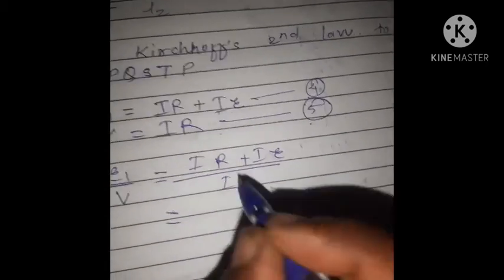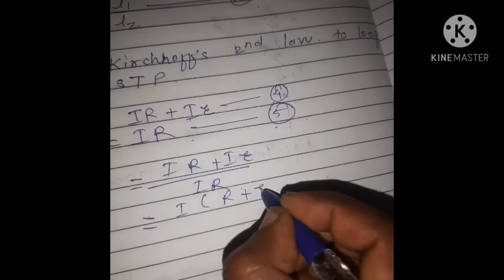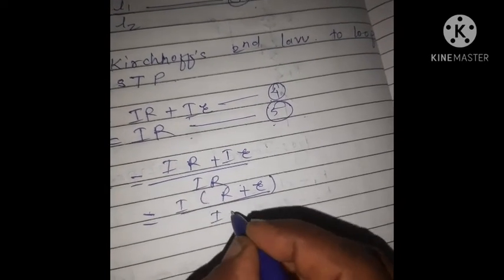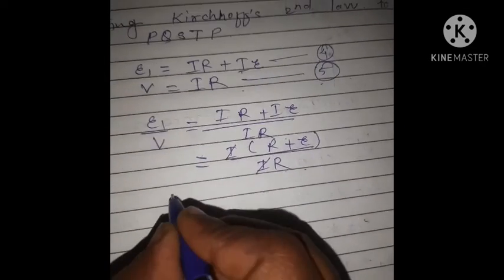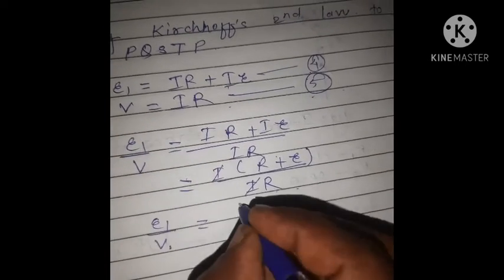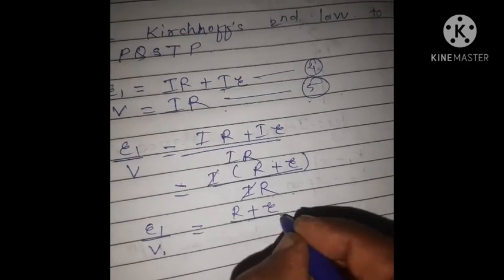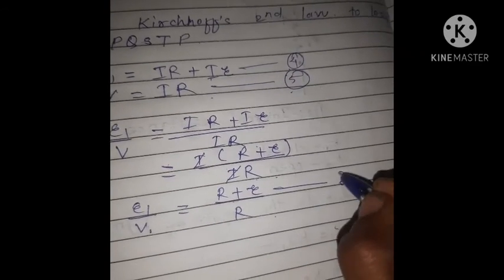Now I is taken common in the numerator. This I gets cancelled. So we get E1 by V is equal to R plus small r divided by capital R. Suppose equation number 6.